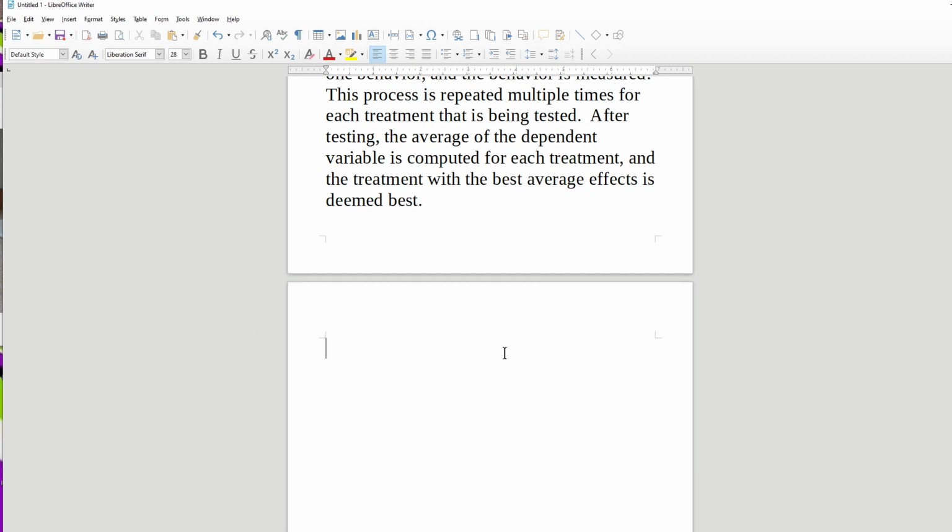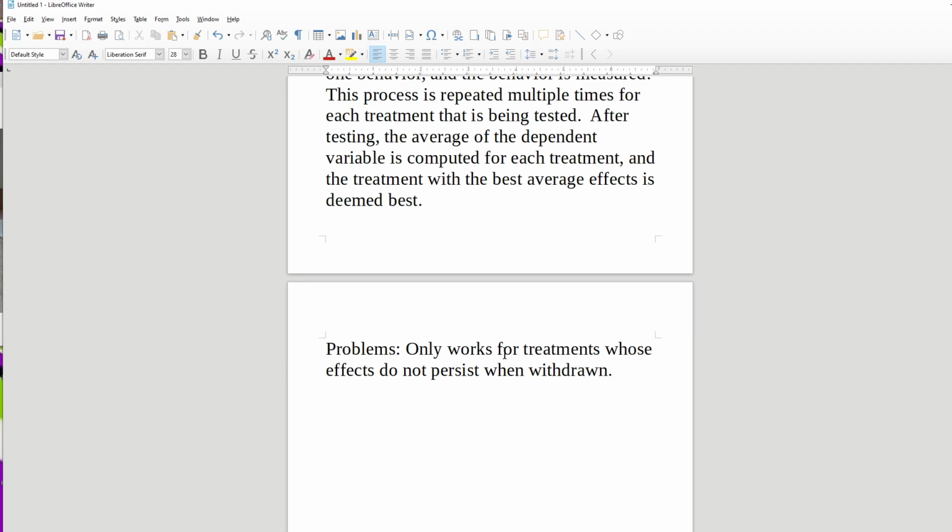Okay, well, the problems with this one are essentially, I think, very similar to the ones with the reversal design. It only works for treatments whose effects do not persist when withdrawn.